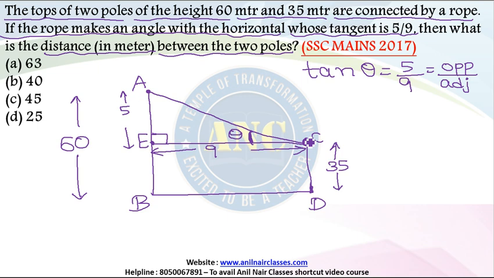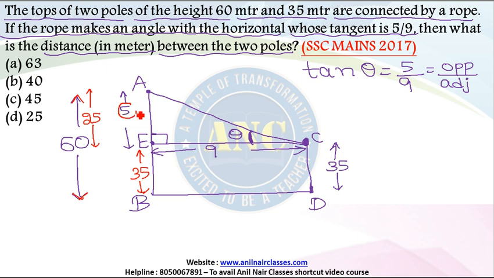EC and BD both are 100% the same, sir. Now think a little logically, sir. Can I say that from A to B it is 60, from E to B it is 35, because C to D is 35 means E to B is also 35. That means A to E, 60 minus 35, should be 25.